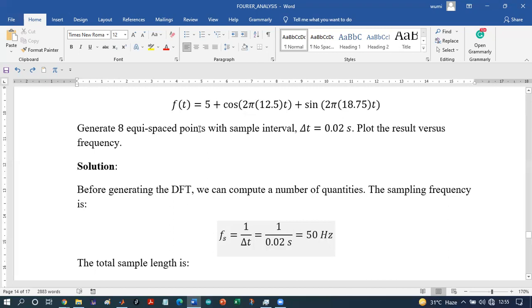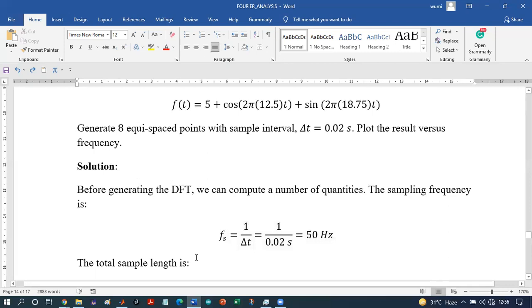So we need to generate, first of all, the sampling frequency. The sampling frequency is just the inverse of the sample interval. The sample interval is 0.02 seconds. Then the sample length.